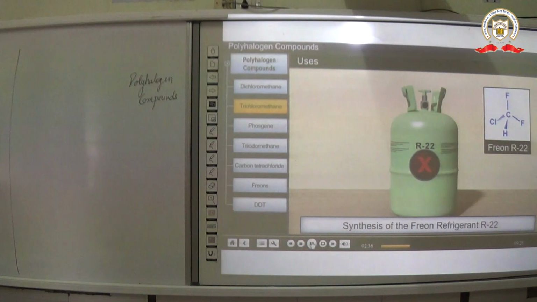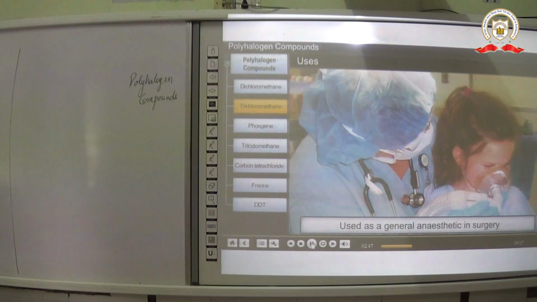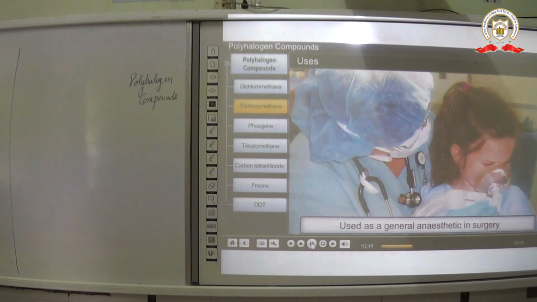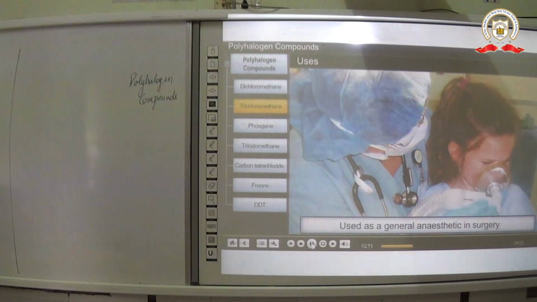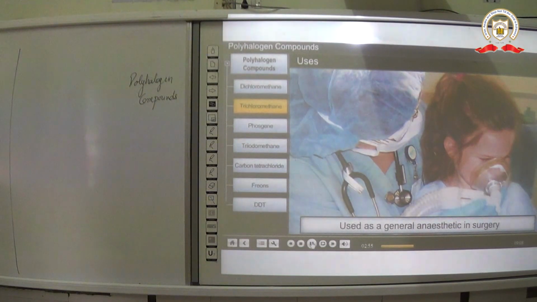Many nations are phasing out the use of R22 due to concerns about its role in ozone depletion. Chloroform was once used as a general anesthetic in surgery. However, this use has been discontinued as there are a number of safer alternatives.